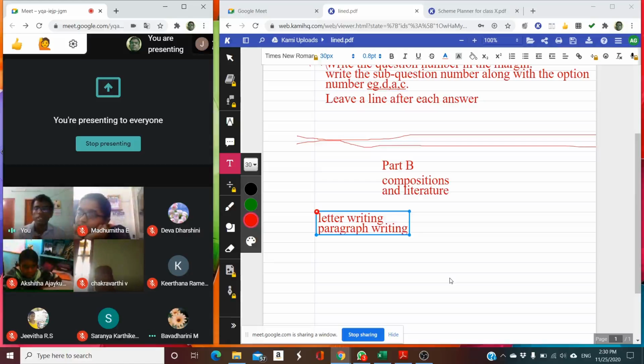If you scan the whole page from one side to the other side, I will not correct it. Each page should have only one page. Then only it is easy for me to check and give you feedback. I am telling you all these things because there will be difficulties for you. You will not understand, or even when I say, you understand it in your own way. That's why.